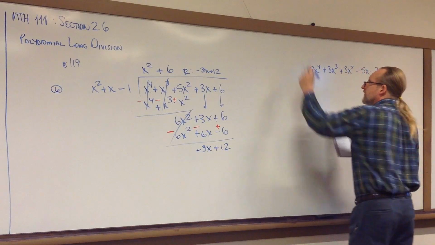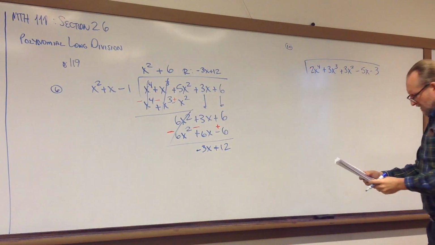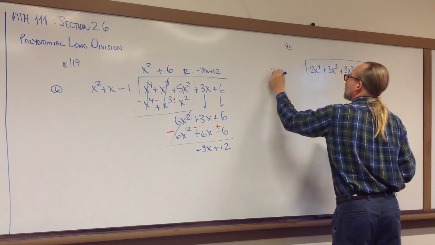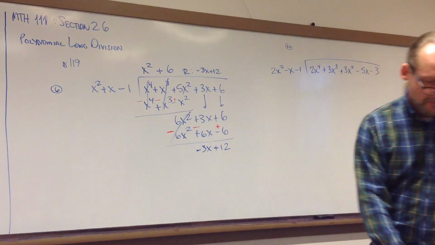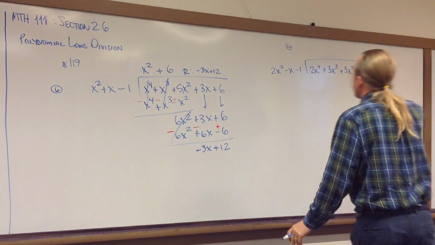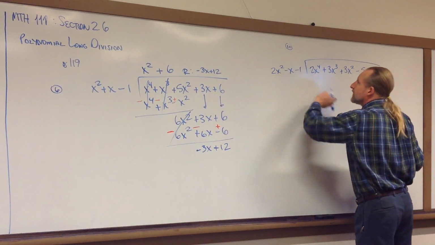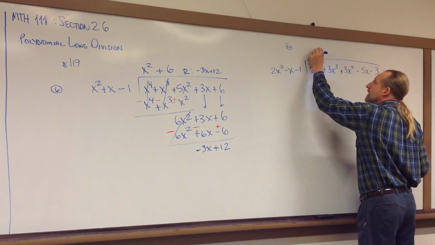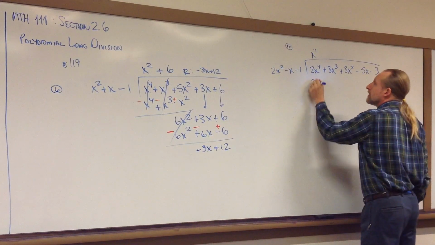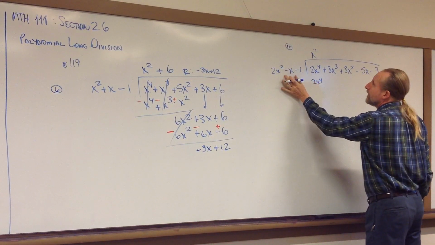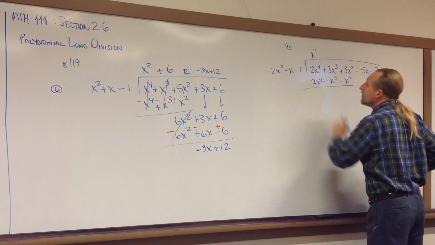And this is going to get divided by 2x squared minus x minus 1. All right, so same process. What do you multiply the 2x squared by to get 2x to the 4th? Well, we don't need to multiply the 2 by anything, but we do need an x squared to raise this power from 2 to 4. So that'll give us 2x to the 4th, and then minus x to the 3rd minus x squared.